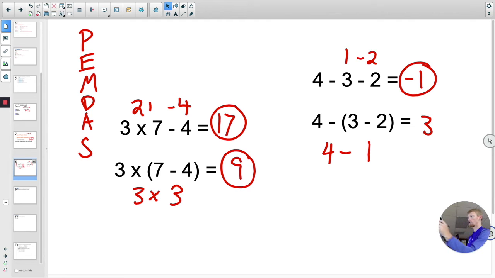Remember, we had the associative property just for addition and multiplication, not for subtraction. So you can see if we group our subtraction problem, it does make a difference. Okay?